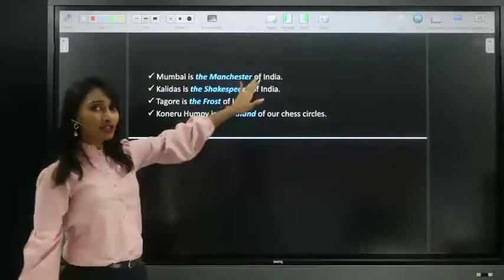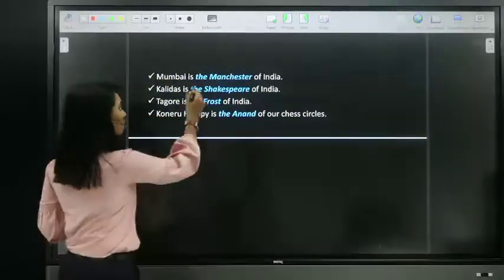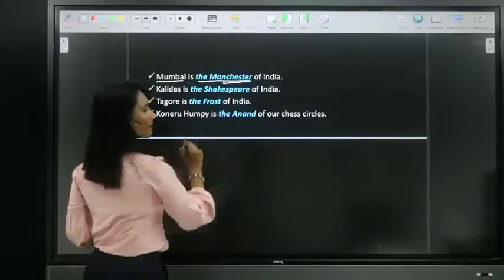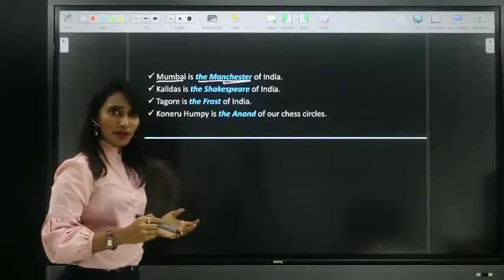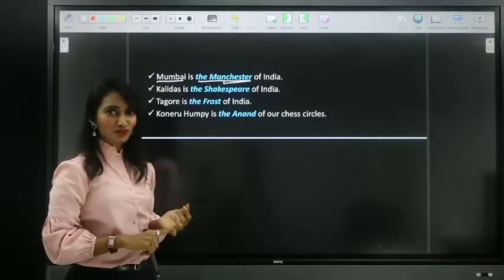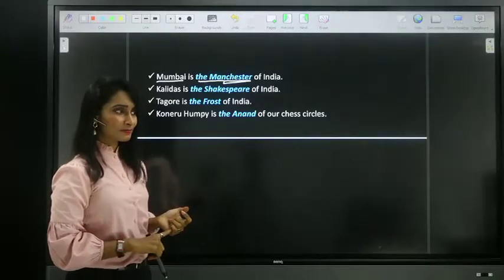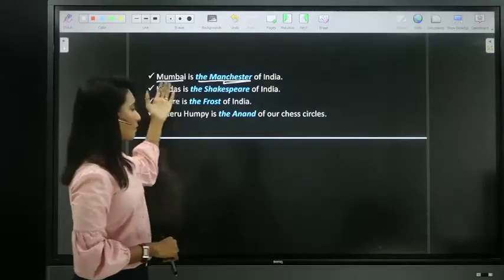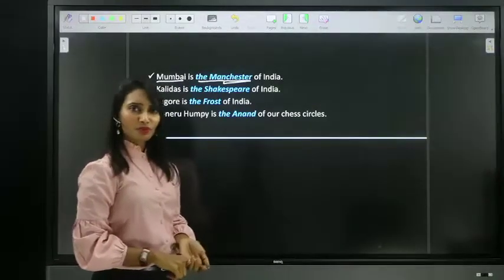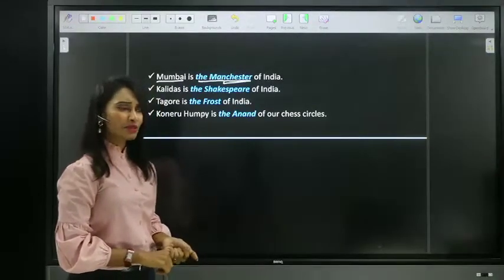Mumbai is the Manchester of India. Why is Mumbai compared to Manchester? Manchester is famous for not just football. What is Manchester famous for?